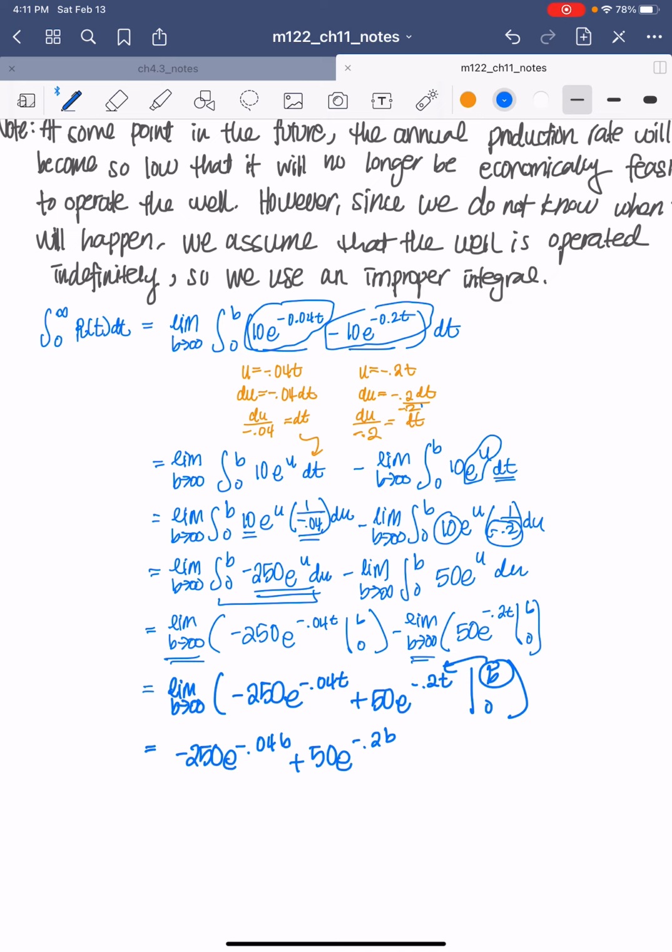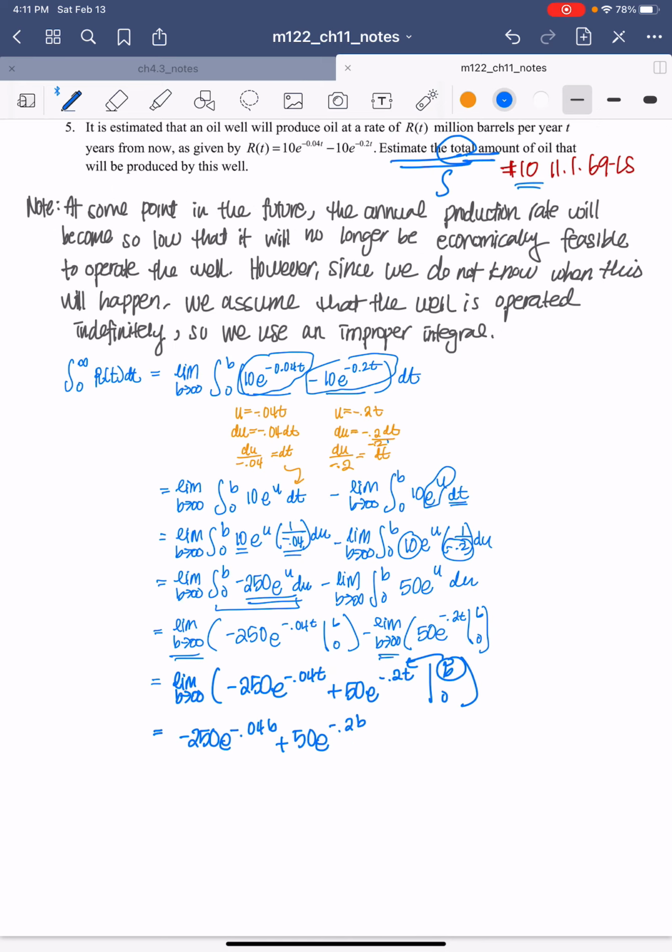Now, if you plug in 0, anything to the 0 power is 1, so I'm going to get negative 250 e to the 0 power plus 50 e to the 0 power.